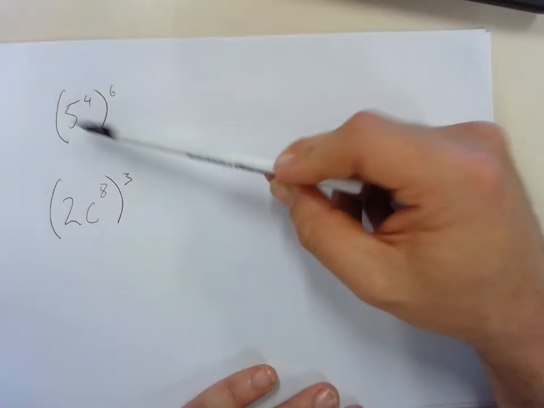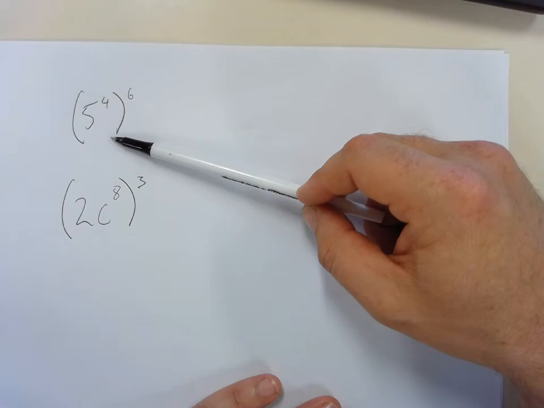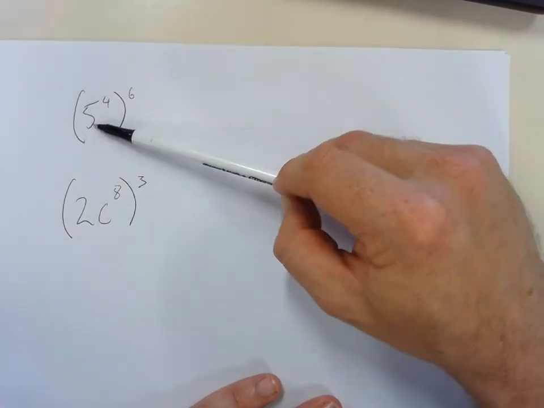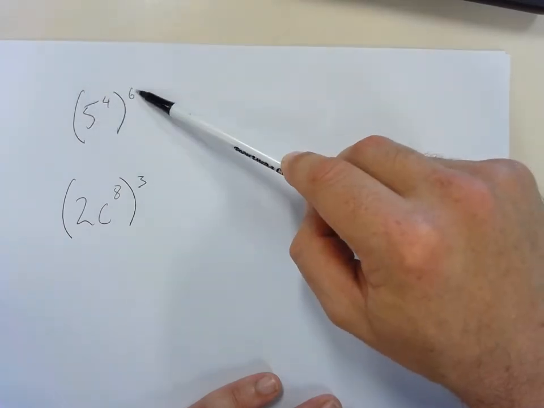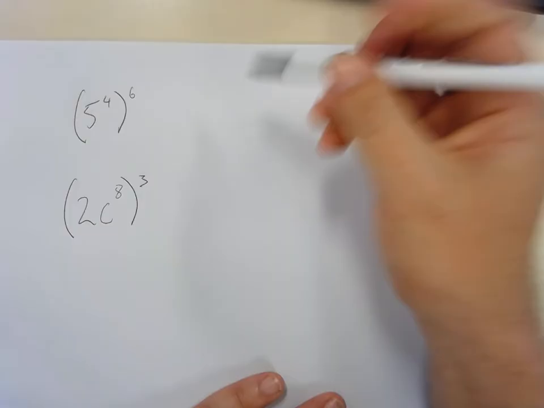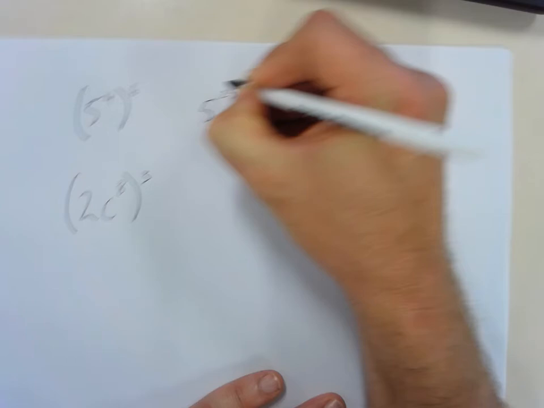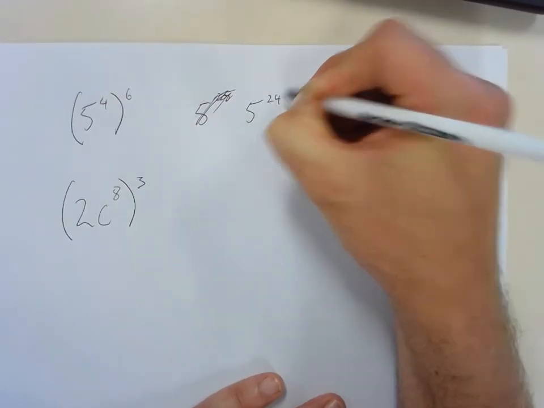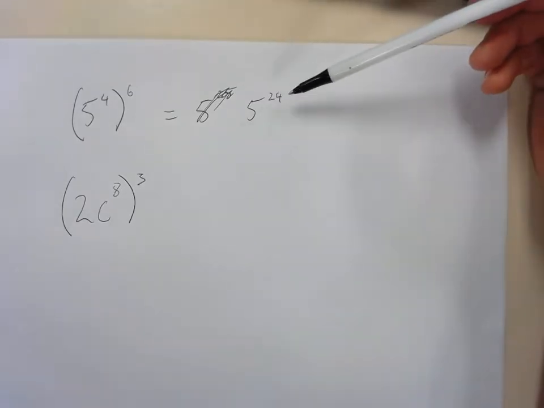You've got to be careful with ones like this, that they might throw in to trick you, because at this stage we're not working with algebra on this one, and that's the base number. So don't go 5 to the power of 6, because it's actually 5 to the power of 4 all to the power of 6. So that one is actually 5 to the power of 24.